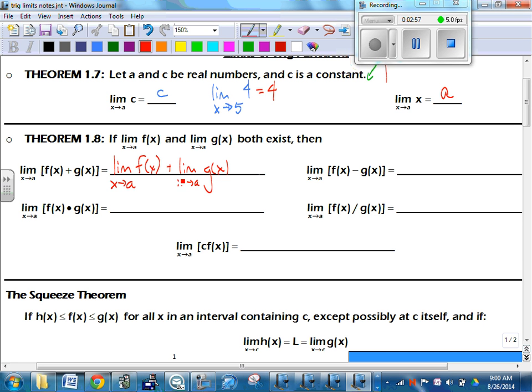Well, that kind of idea with addition works with the other three operations as well. So limit as x approaches a of f of x minus g of x, same as the limit of f of x as x approaches a minus the limit as x approaches a of g of x. Same thing with multiplication and division.